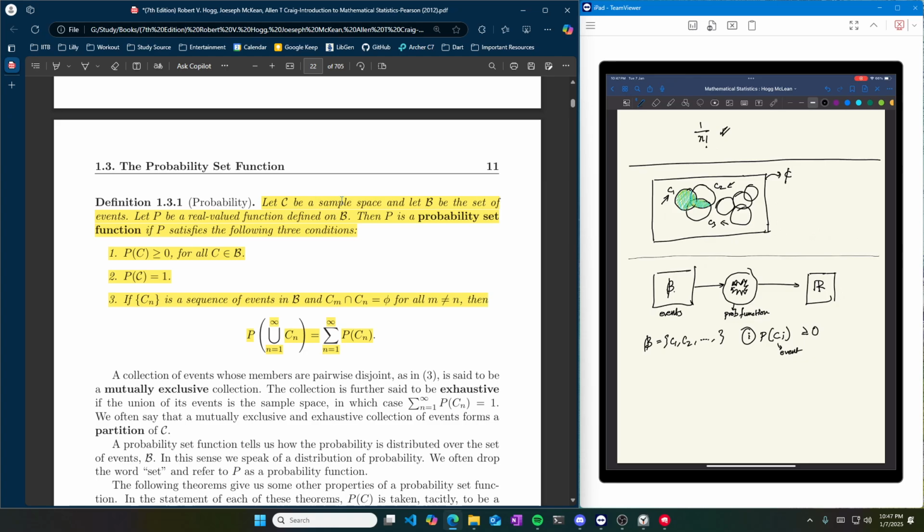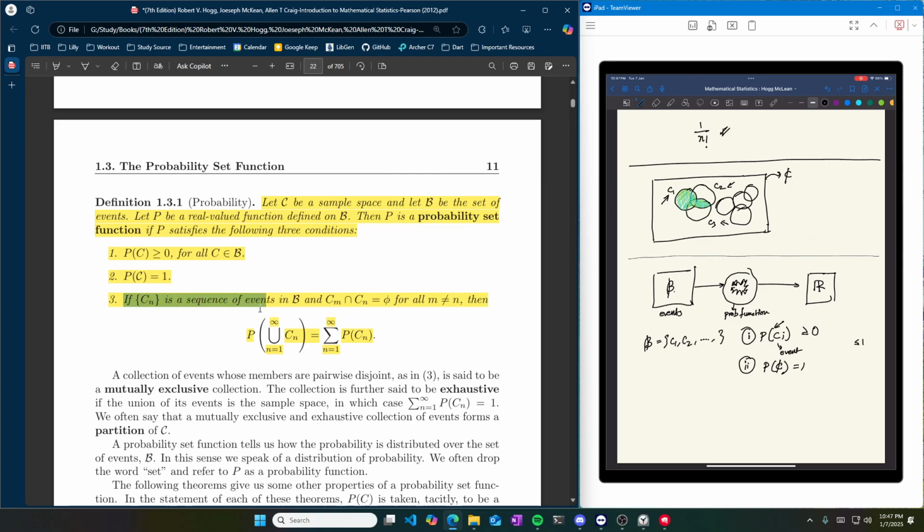So essentially, the probability of the whole sample space has to be 1. Okay, that's what it means. So already we understand that the probability of any event is always less than or equal to 1, as well as greater than or equal to 0.